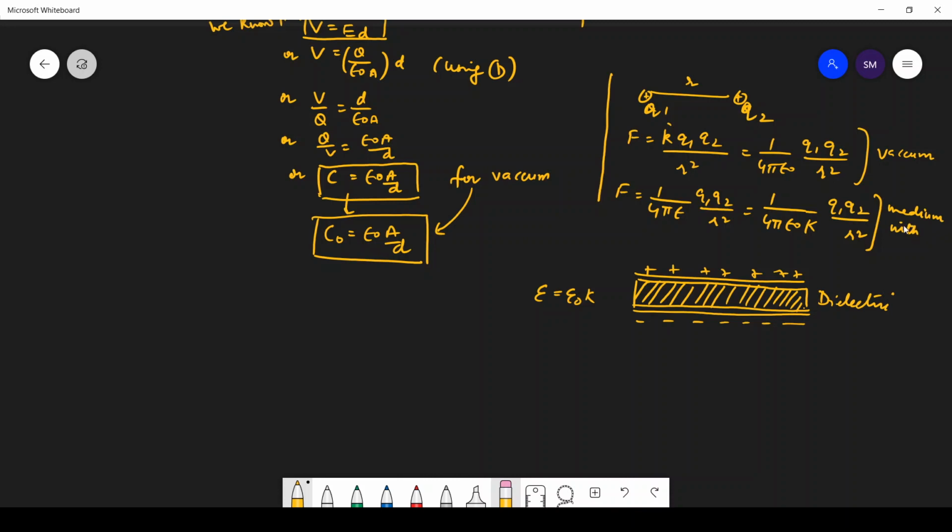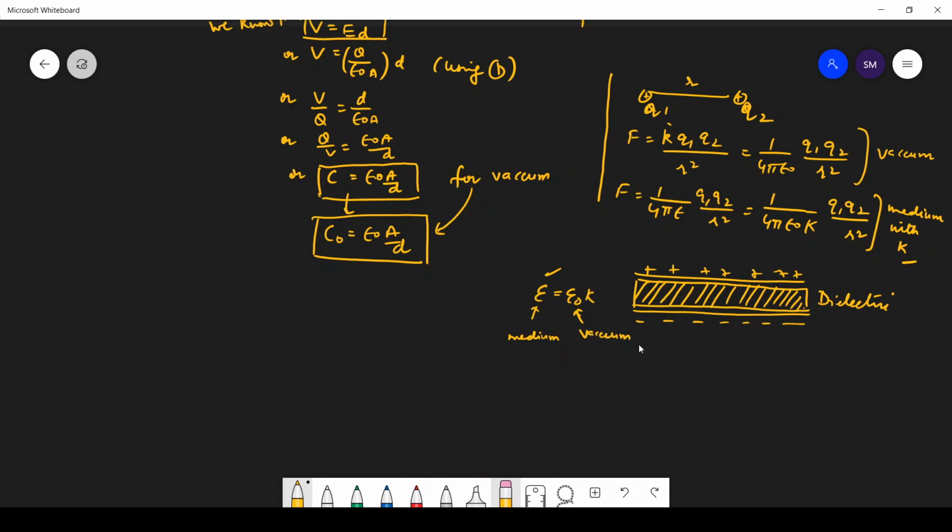So students, at two places we use this permittivity. This is the permittivity of the medium, and this is the permittivity of free space, or you can say vacuum.